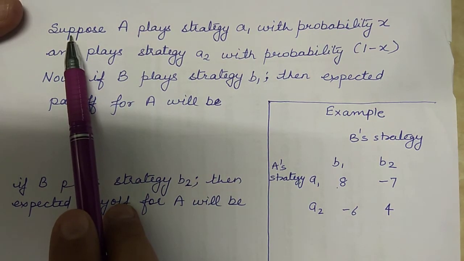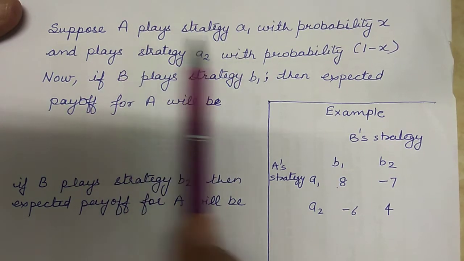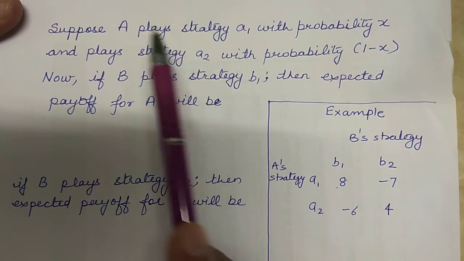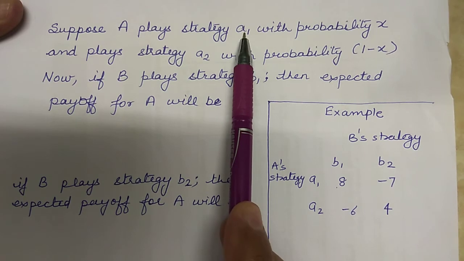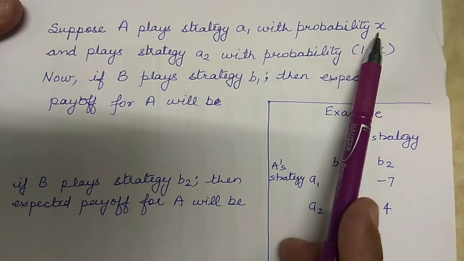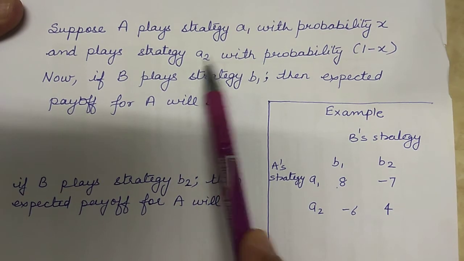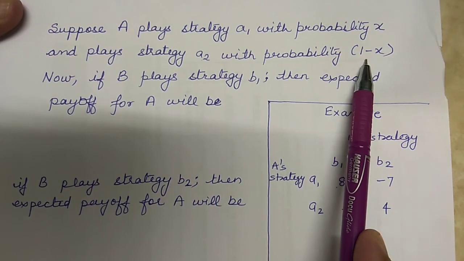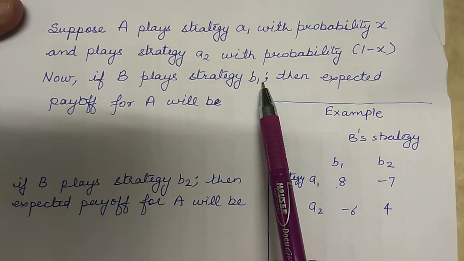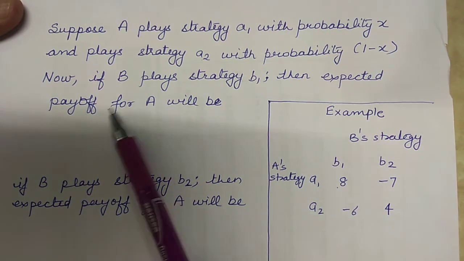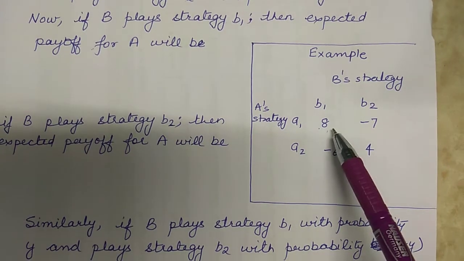Now we will start with, suppose A plays strategy A1. A has two strategies, A1 and A2, and we assume that A will play strategy A1 with probability X, and choose A2 with probability 1 minus X. Now, if B plays strategy B1, then the total payoff for A will be, now see, this was the example.